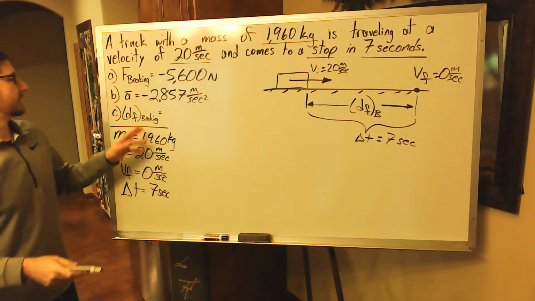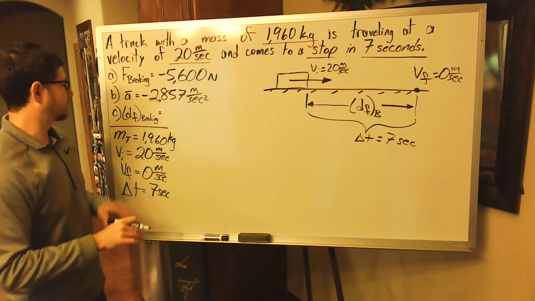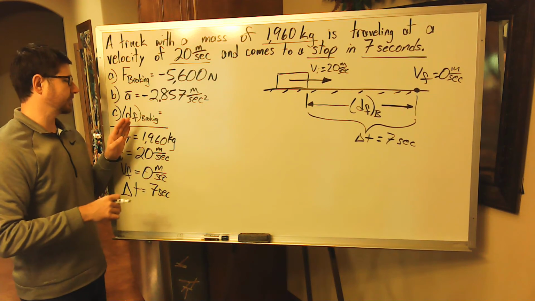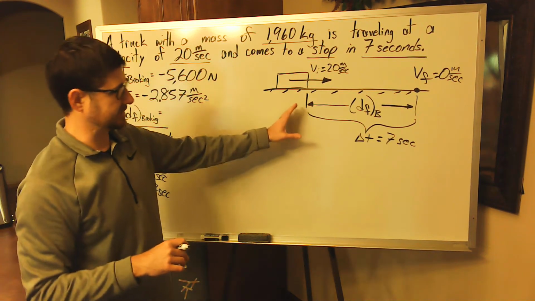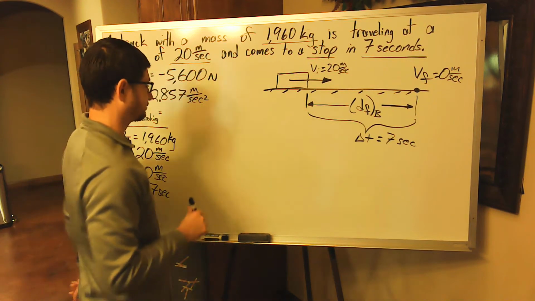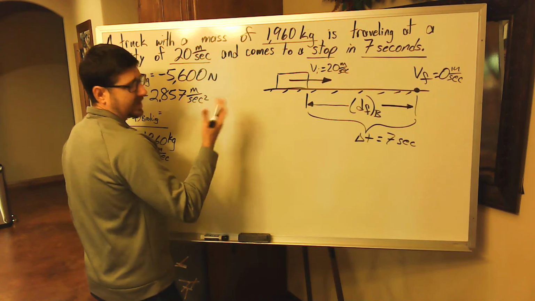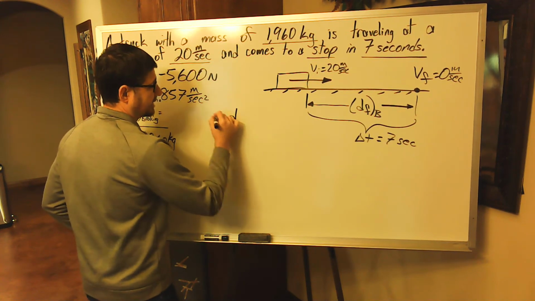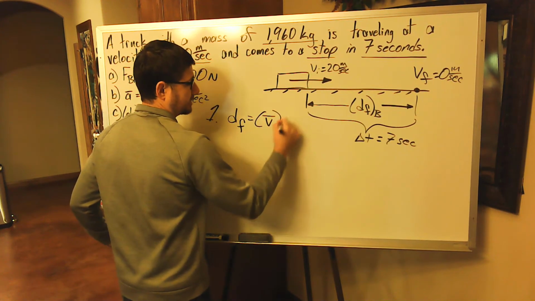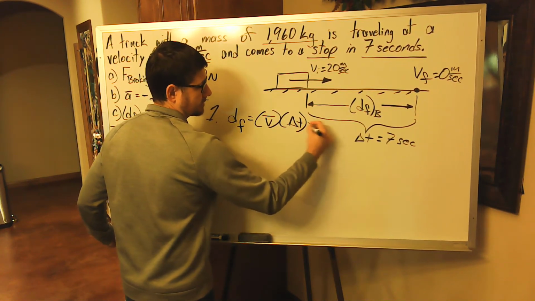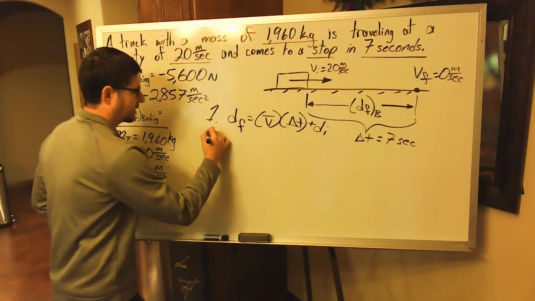All right. Now, part C, I would like you to do this on your own, but I want to get you started. There are some options to calculate the braking distance, or the displacement, sorry. We have several different options. I'll call this equation 1. We have an option here, number 2.